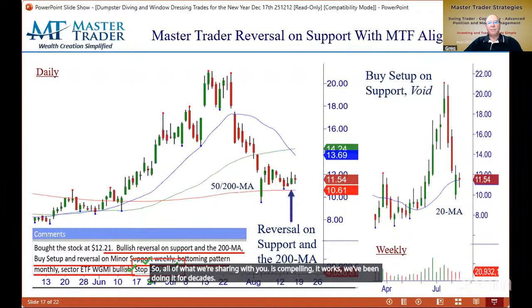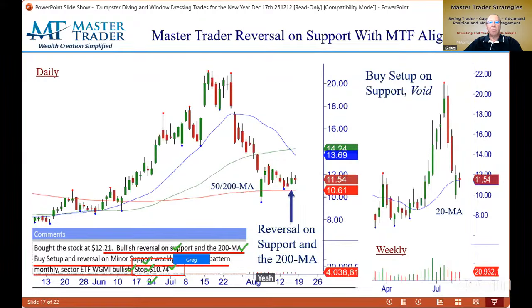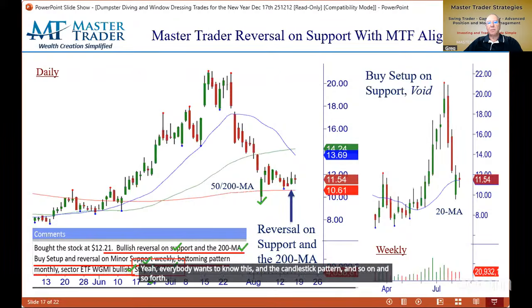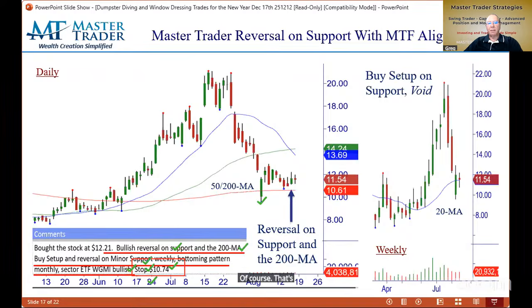But you know what? We never know for sure that it's going to work. So you've always got a stop loss that controls the loss. That's what keeps you in the game. This is the most important part. Everybody wants to know this and the candlestick pattern and so on and so forth. Of course, that's what we're trading. But knowing this and how to manage it is so important to lasting and making it.